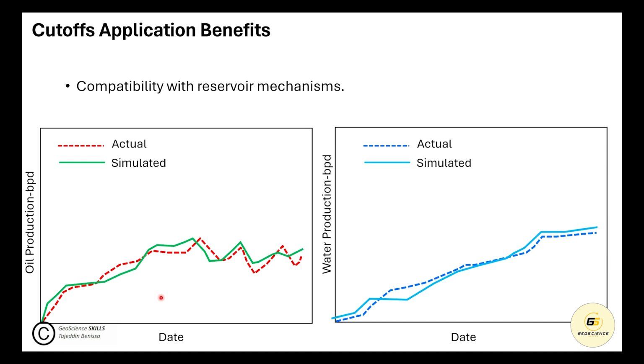Whenever we have more robust net pays that reflect the production mechanism, it's highly expected to have a good or nearly good match between actual and simulated production data like oil and water.